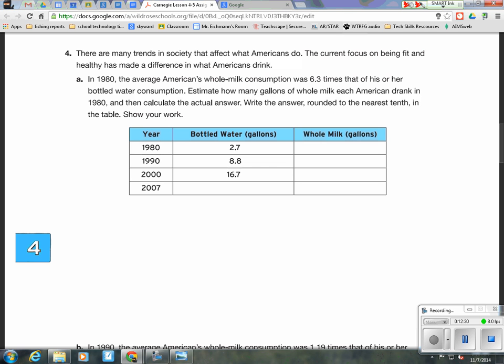That was a lot of words, so a bunch of you got real confused. The average American's whole milk consumption was 6.3 times that of his or her bottled water. So the whole milk, the number that goes in this place, is 6.3 times the amount of bottled water.